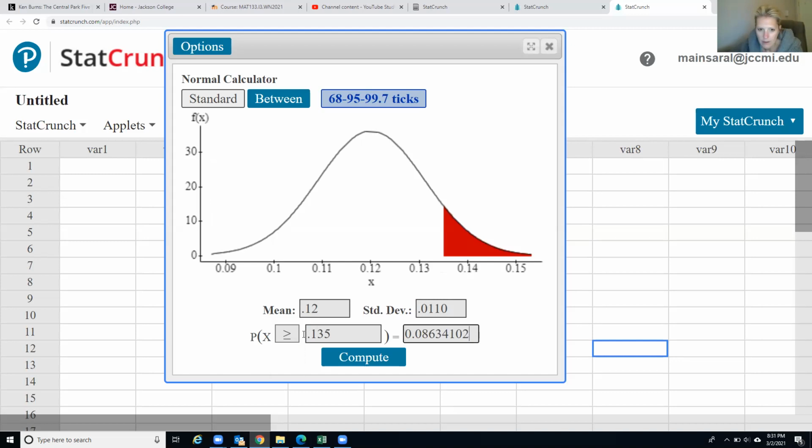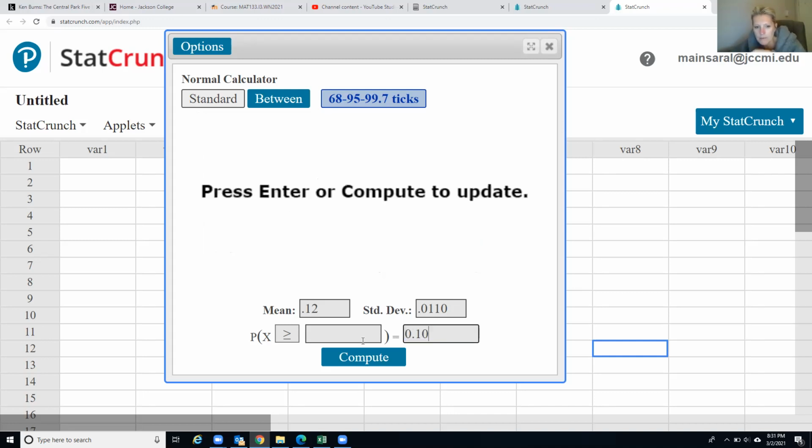And it says the likelihood is 0.086, which is 8.6% of the population. The second one, we know that 10% of the population is less than this sampling p hat.